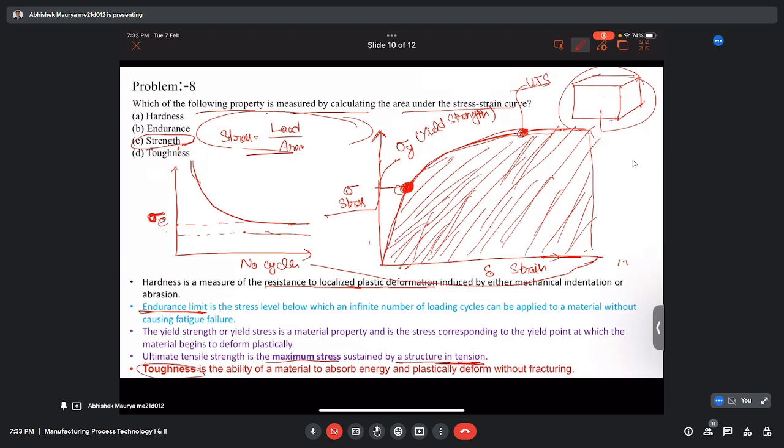So from the stress strain curve, we can get the information of the strength and toughness. And if we talk particularly about the area under the stress strain curve, that is called the toughness. So the correct answer is toughness.